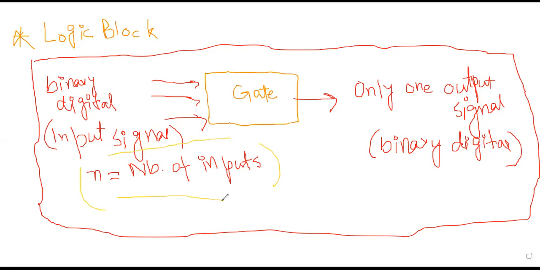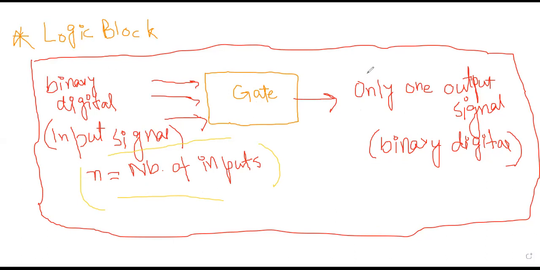So what about gates? Gates are basically the blocks of hardware that produce a binary output. Is it clear about the structure of logic gates?